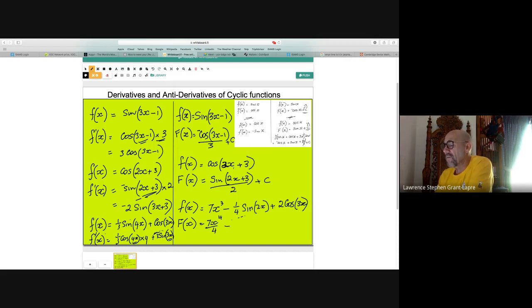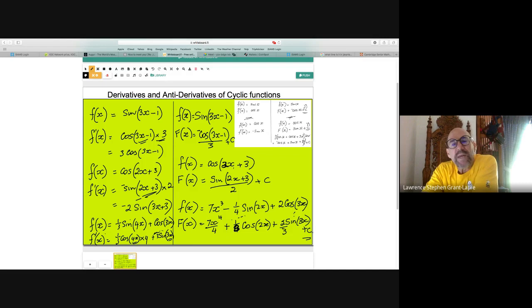The integral of sine is negative cos, so we make that positive 1/4 cos 2x, and we divide by 2. So let's make that 1/8, 1/2 of 1/4. And the antiderivative of cos x is sine x. So 2 cos 3x becomes 2 sine 3x, and we divide by the derivative of that bracket, which is 3. And we've got to put a plus c on the end to finish that primitive.